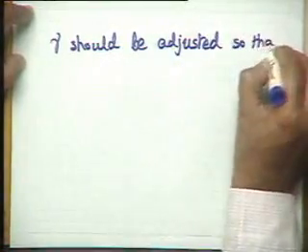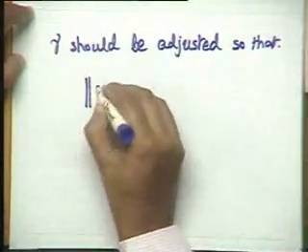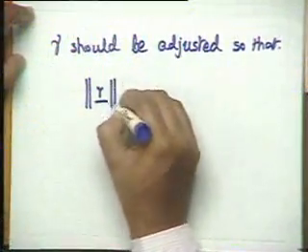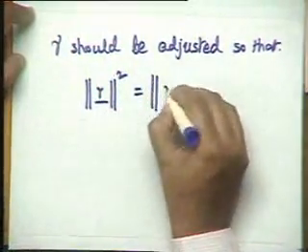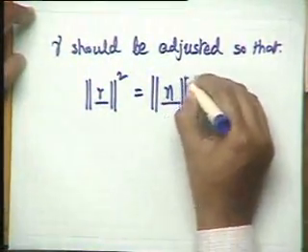So gamma should be adjusted so that norm r square is equal to norm n square. Ideally r square must be equal to n square, isn't it? R is a residual vector, so r square must be equal to n square. But can it be exactly so?